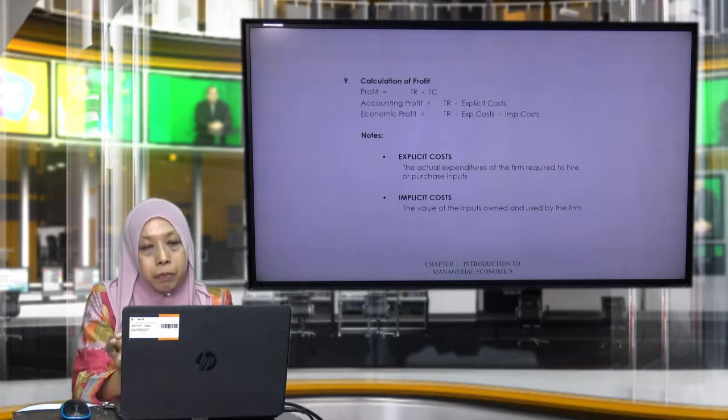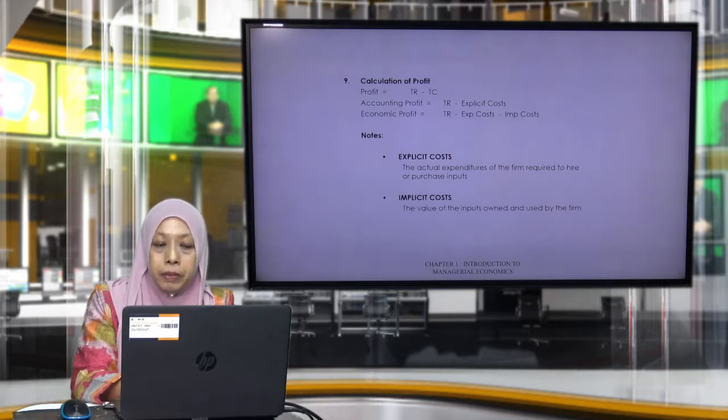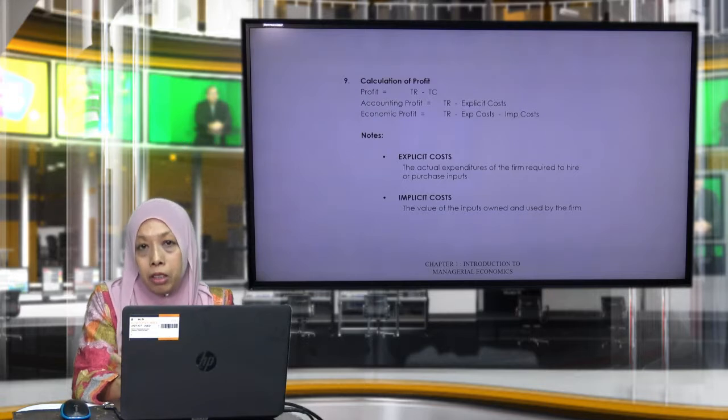So to calculate profit, we need to see that there are two ways of calculating it. Either you want to calculate accounting profit or economic profit. Accounting profit is the difference between total revenue and total cost, but total cost only comprises explicit cost.